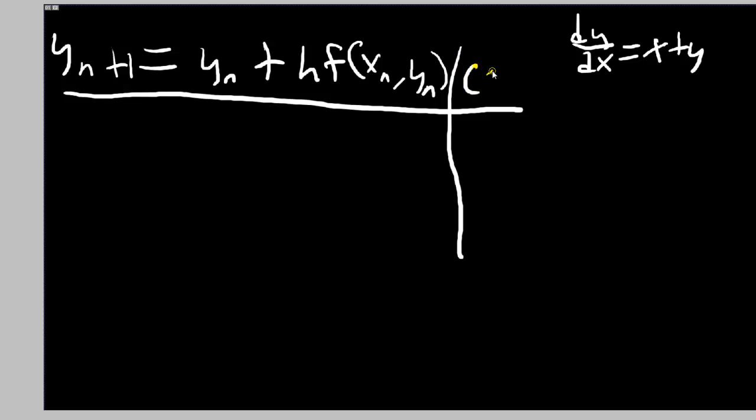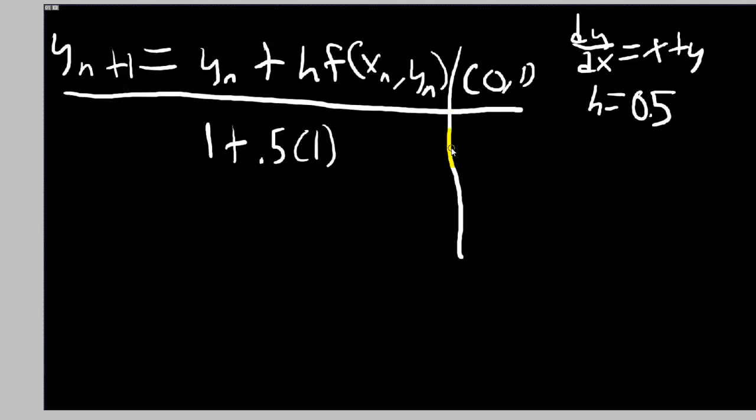And the initial condition is going to be 0, 1, and our h value is going to be 0.5, just for simplicity to make it easy and quick. So let's start off with y sub n, which is 1, which you can tell from the previous point, plus h, which is 0.5, times the function when you put in 0, 1 into x plus y, which will give us 1. So then here you'll put in 0.5, how much you've stepped, and the result of this right here, which adds up to 1.5.